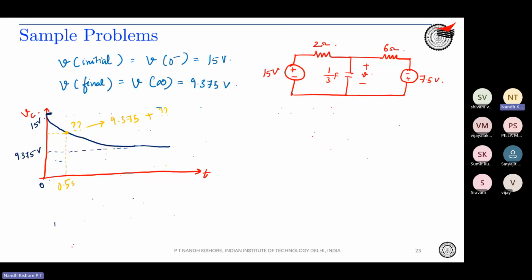So I can write VC of t is 9.375, and then it is falling from 15 to 9.375, into e power minus t by tau. Agree with this?